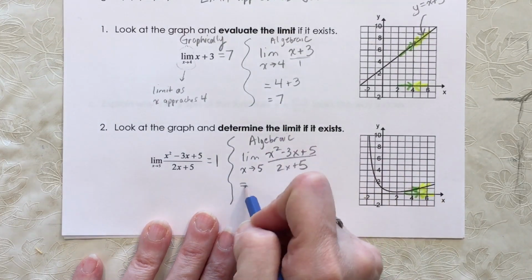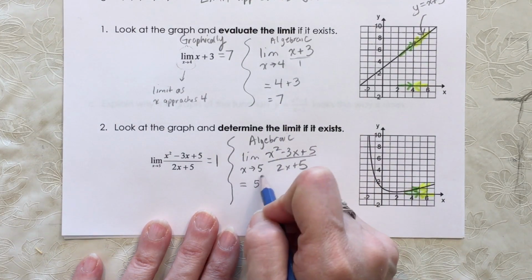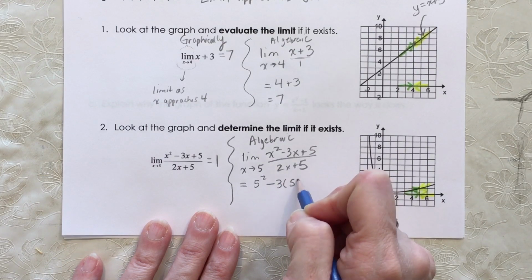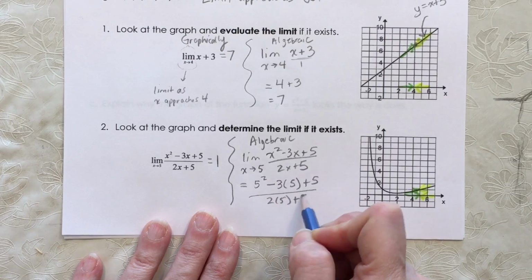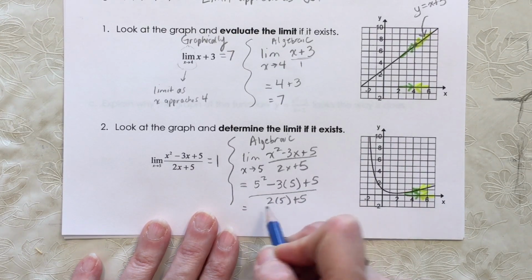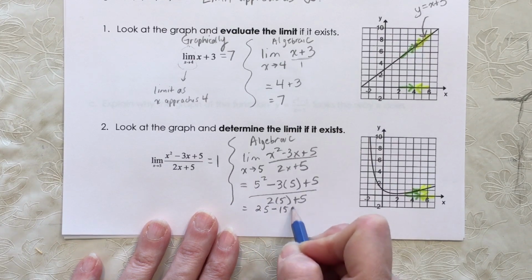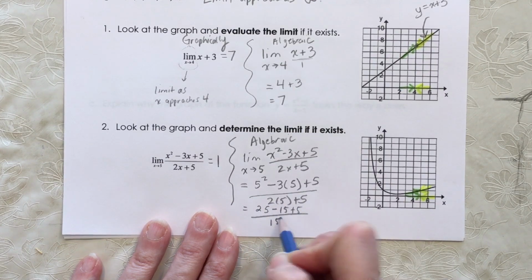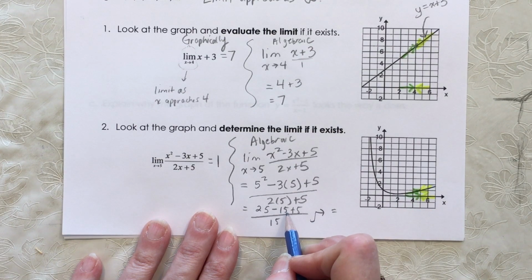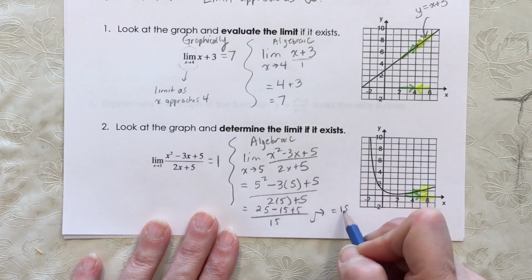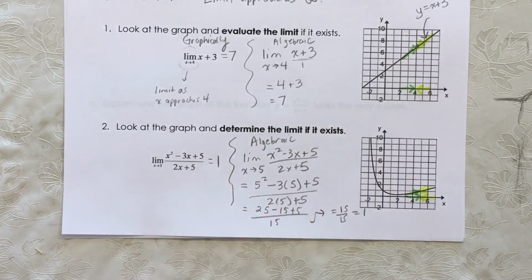So again, we can just let x approach 5, and that would give us 5 squared minus 3 times 5 plus 5 over 2 times 5 plus 5, which would give us 25 minus 15 plus 5 over 15, which would be, sorry, 10 plus 5, 15 over 15, which is 1. Okay? So again, graphically and algebraically, we got the same limit.